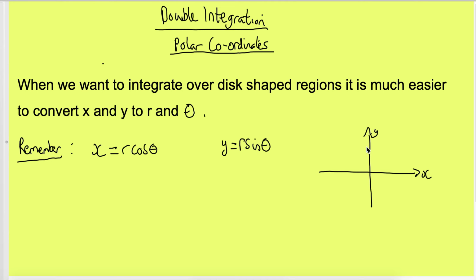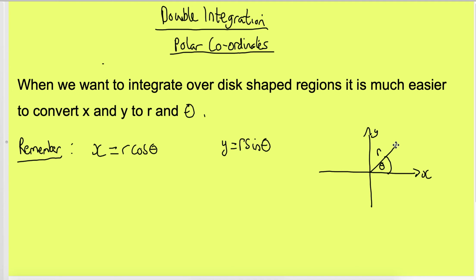our coordinates normally, if that was 2 along and 4 up, that would be the coordinate 2, 4. But remember, what polar coordinates does is it measures the length of the line out, and it measures the angle in here that it goes through. Okay, so that's r, and the angle it goes through is theta, and that's how polar coordinates work.